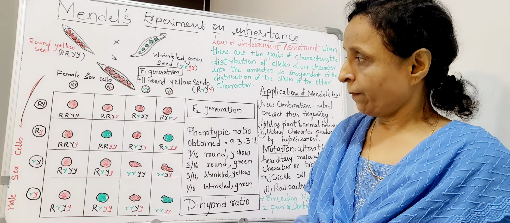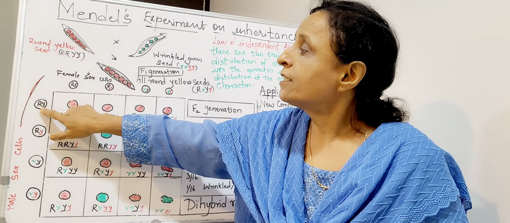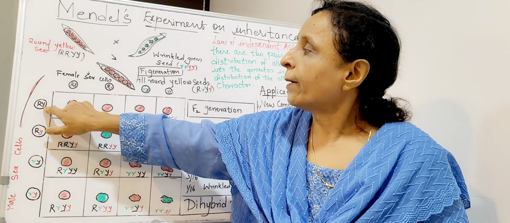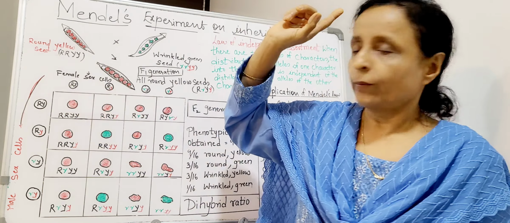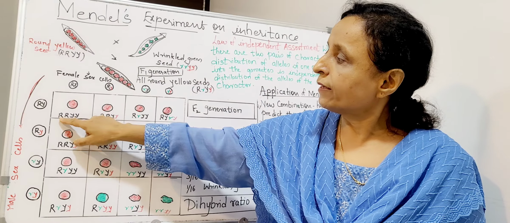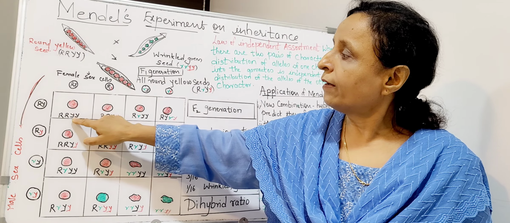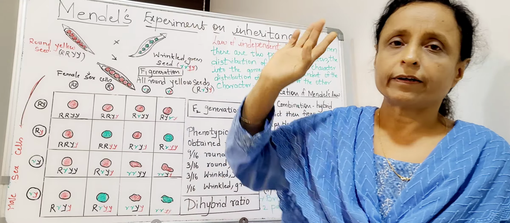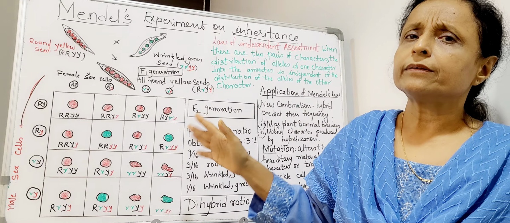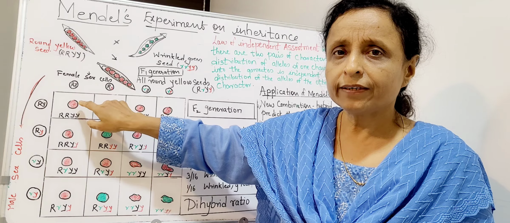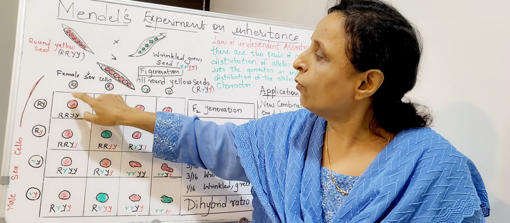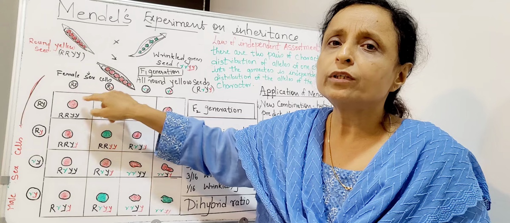So this capital R, capital Y will combine with capital R, capital Y. Here you can see capital R, capital R, capital Y, capital Y. All are capital, so naturally what type of seed will it be? It will be yellow and round, smooth and round.